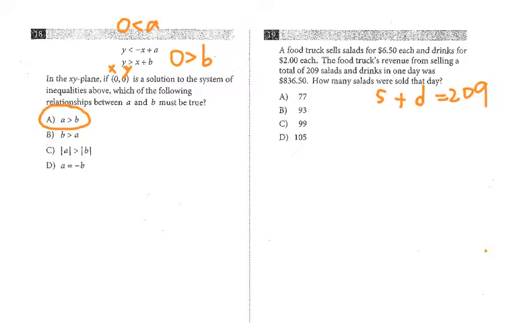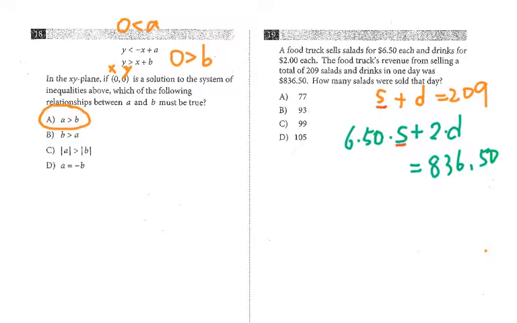And since the salad is $6.50 times S plus 2 times D, adding together should be $836.50. And I'm looking for how many salads. That means I'm looking for this S.